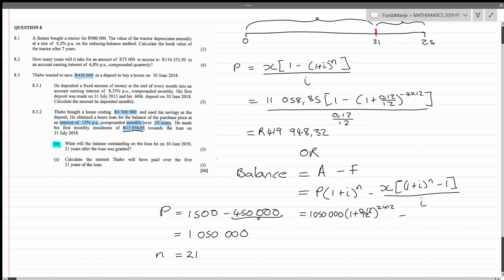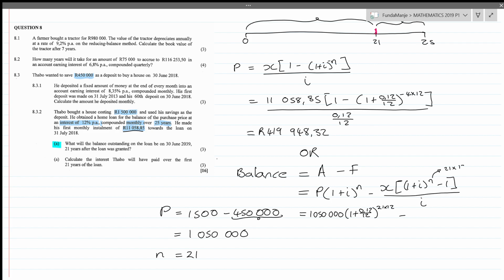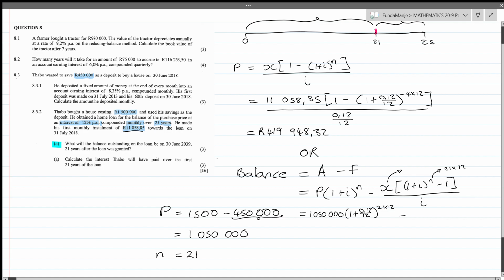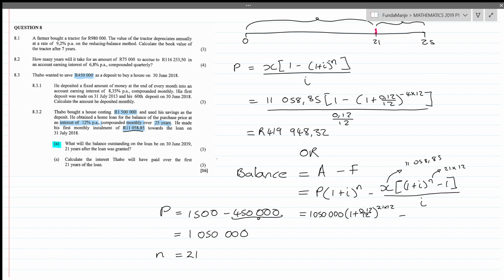Same thing for the number of compounding terms, which is n, that's just going to be 21 times 12. And our x, which is our monthly installment, is going to be the same value as the previous one, so 11,058 and 85 cents. And then the interest, again, will be 0.12 divided by 12. If you compute this sum as well, you get the same amount, which is 419,948.32.